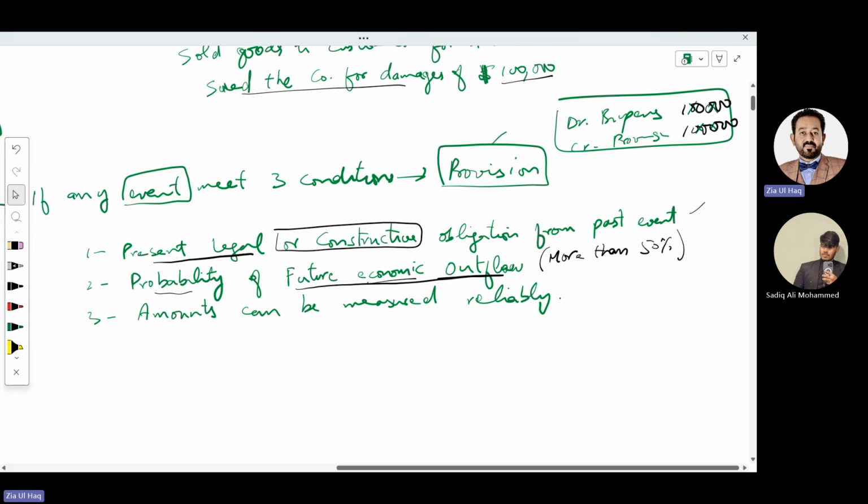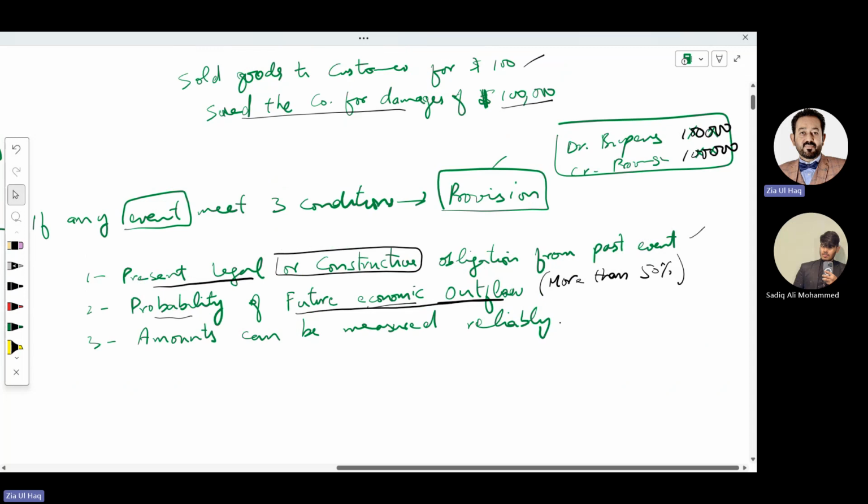If there is no obligation, like the customer is an idiot, he suffered his health due to some other issues rather than by using this product because these products were not expired, then there is no obligation on the company. But if those products are expired and he has proved it, this means there is an obligation on the company because the company needs to check before selling that the products should not be expired. And if there are chances less than 50%, meaning there is no probability, in that case, there is possibility.